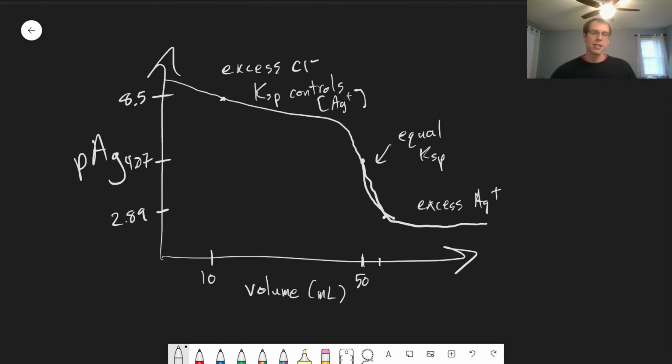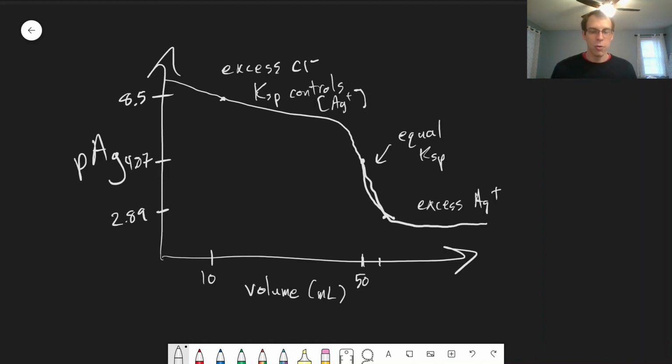One thing you'll notice is that in our equivalence point determination, the pAg did not depend on any of the volumes or concentrations that were involved. And this is in general true for any titration. The value of our pAg or whatever concentration we're monitoring will only be controlled by the equilibrium constant associated with the reaction.